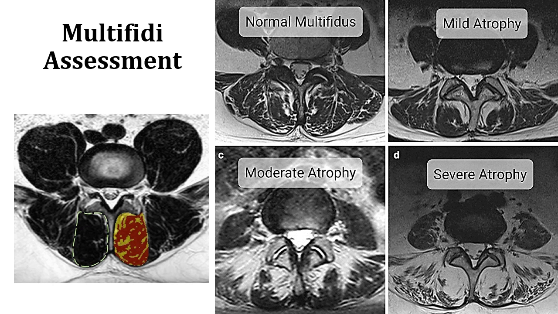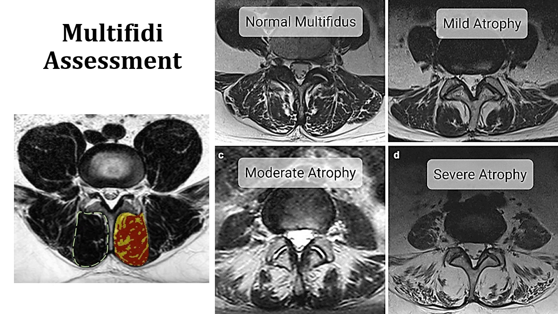So here you have normal, mild, moderate, and severe atrophy, as shown by each of the four figures to the right. The normal is comparable to what you saw in the first diagram or image, and you can see the amount of red and the high percentage that makes up of the multifidi.